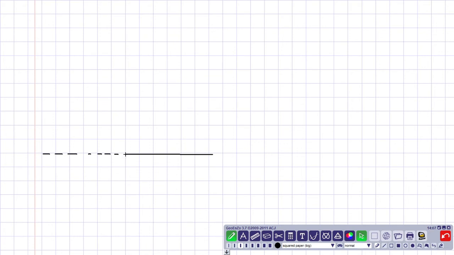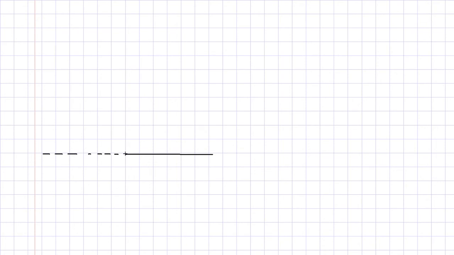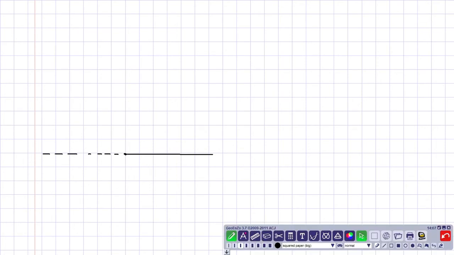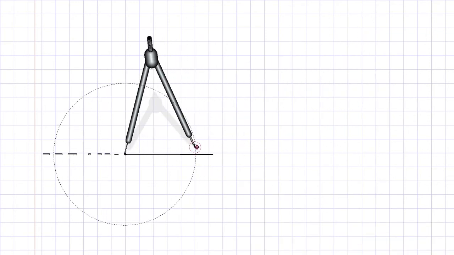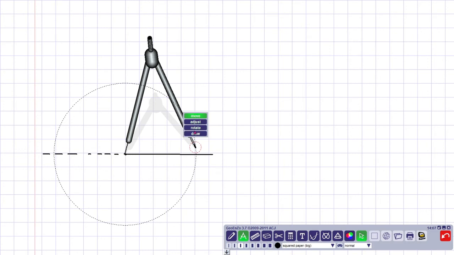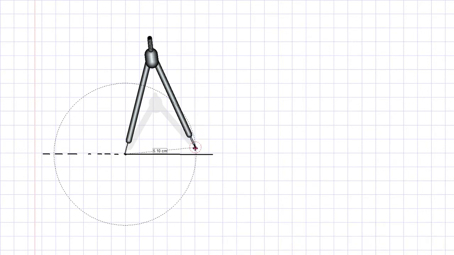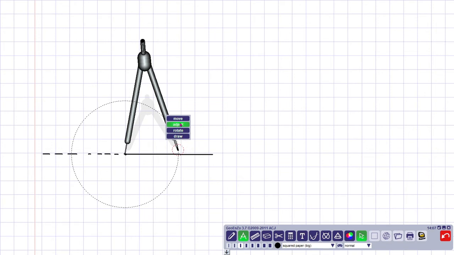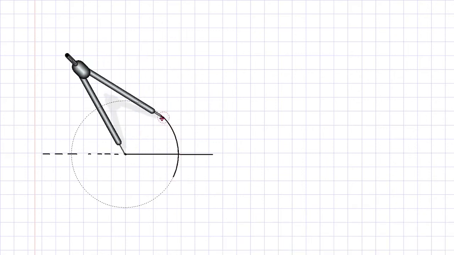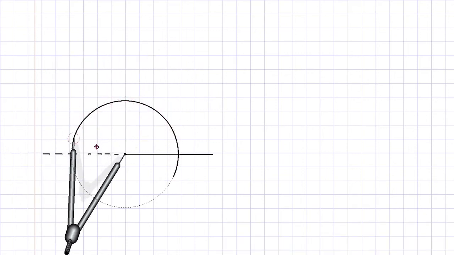I will take this vertex. This is the vertex of the angle. I will place the compass there. And I will draw an arc this way.